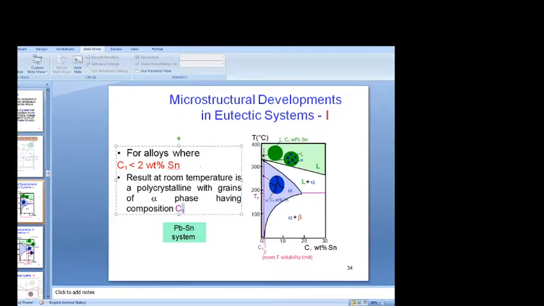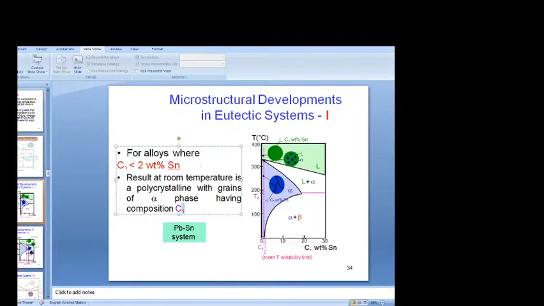We are now considering the first figure that is showing in front of you. On the left hand side, the vertical axis represents the temperature, and the abscissa shows the composition of Sn. So we will explain this figure and understand how these things are to be determined.